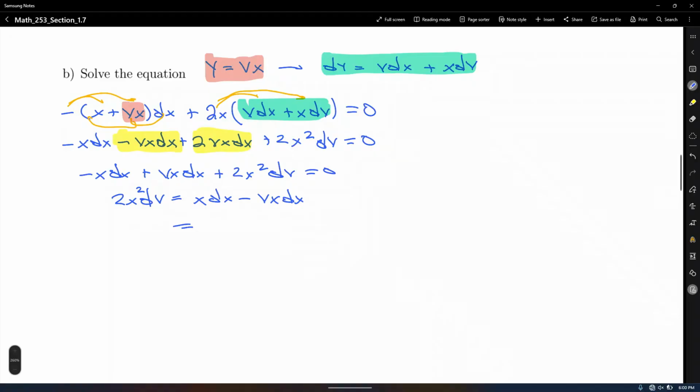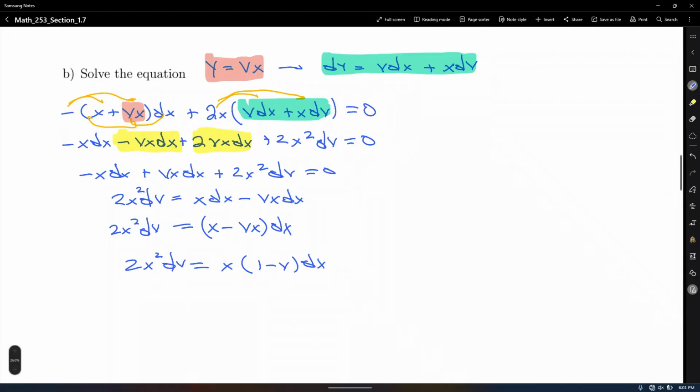So this will be 2x squared dv equals, let me factor dx first, x minus vx. I don't want to do the two factorings in one shot, so you don't freak out. I'm factoring dx first. And do you agree we can also factor the x? That's x times 1 minus v dx equals 2x squared dv.